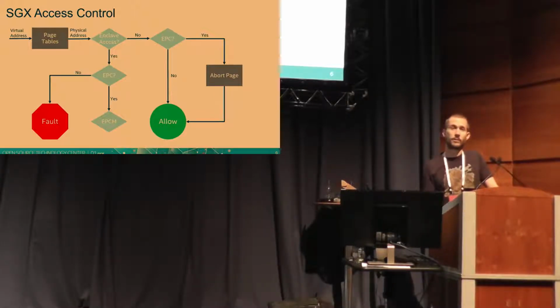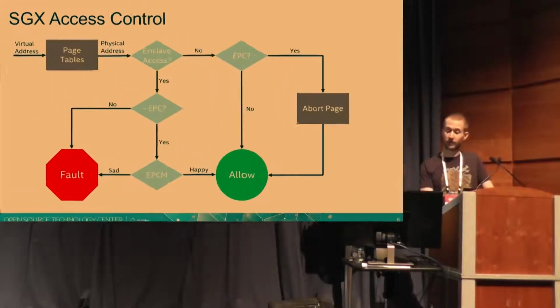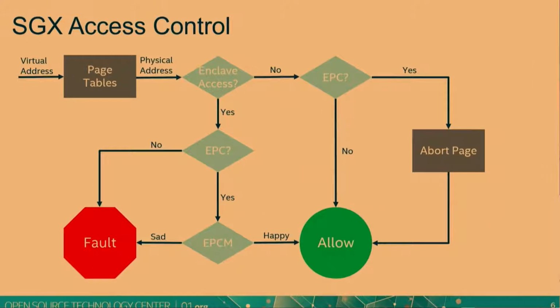This prevents the kernel or VMM from trying to attack the enclave by changing page permissions or trying to do remap attacks. And so the EPCM enforces the permissions desired by the enclave. If the EPCM is happy, we allow the access. If it's not so happy, then we're going to get that fault again.